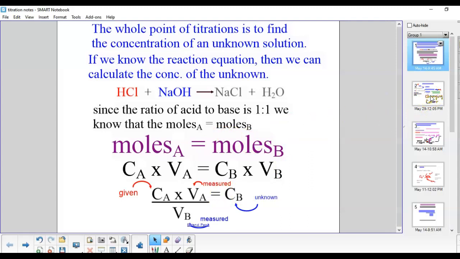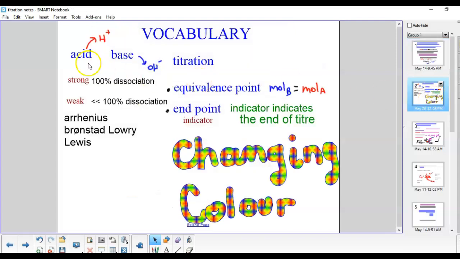Well, as soon as my slide will go to the next slide, we need to remember what's our definition of acids and bases. We're going to use the Bronsted-Lowry definition, saying that acids are proton donors and bases are proton acceptors.